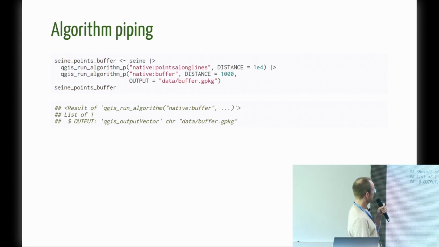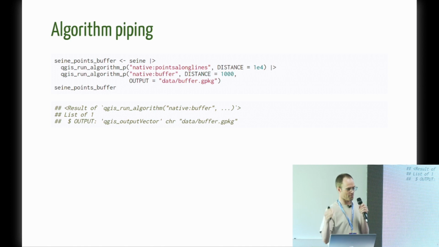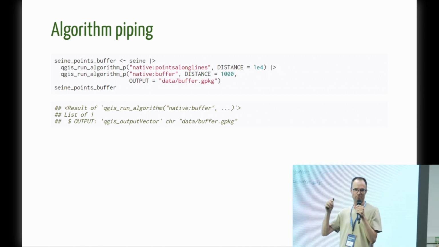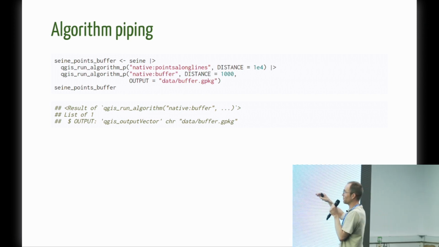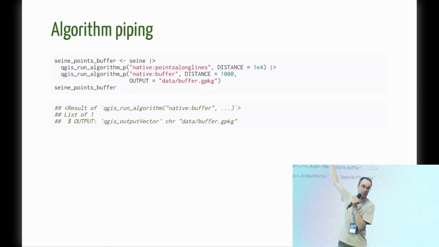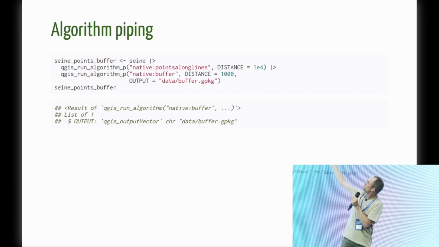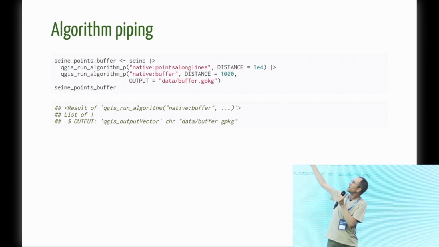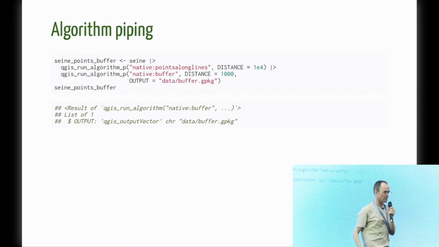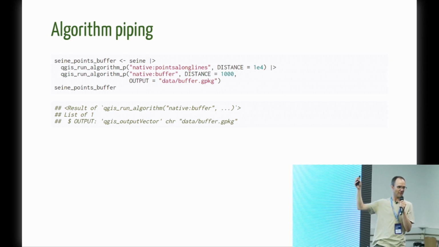For example, let's say that we want not only to sample points along these lines, but also we would like to make a buffer around these points. So we can start again, we do it all over. We start with the Seine file path, and then say we want to do points along lines. But you see here, there's an underscore P. This is because this function is really crafted for using in pipelines.